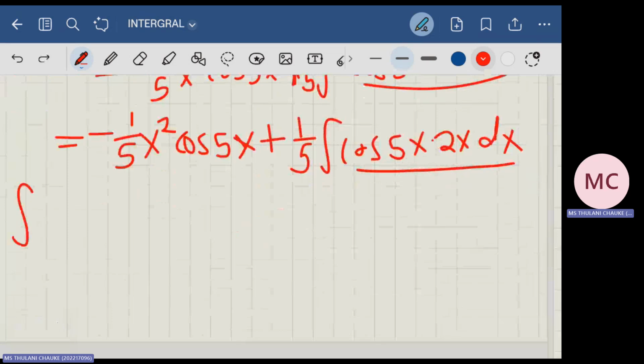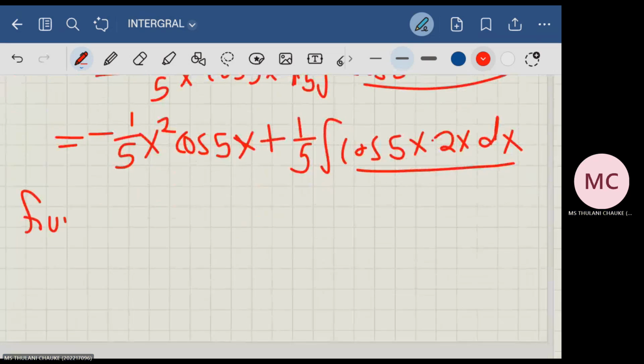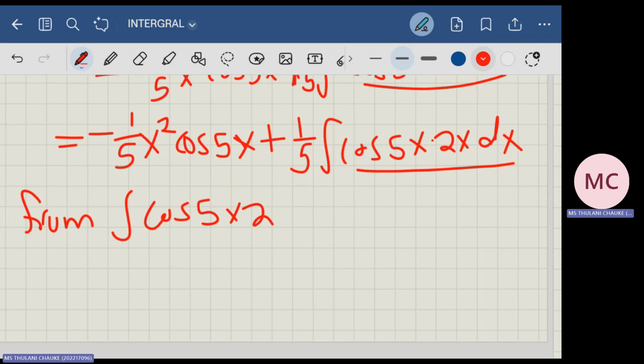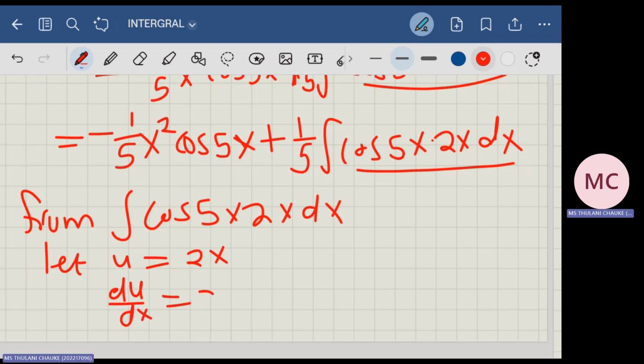For the integral of cosine 5x times 2x dx, let u be equal to 2x, then du over dx will be equal to 2, so du will be 2 dx.